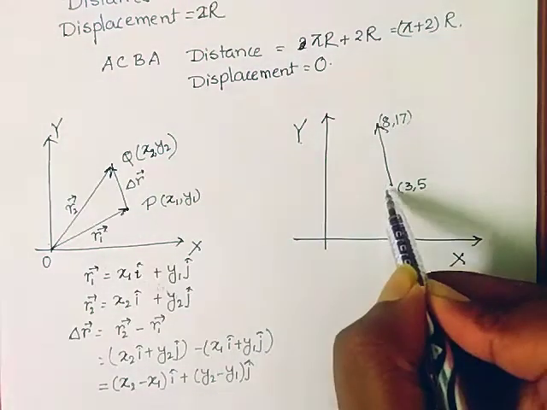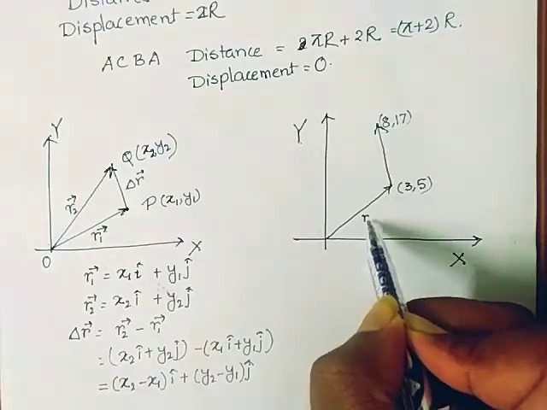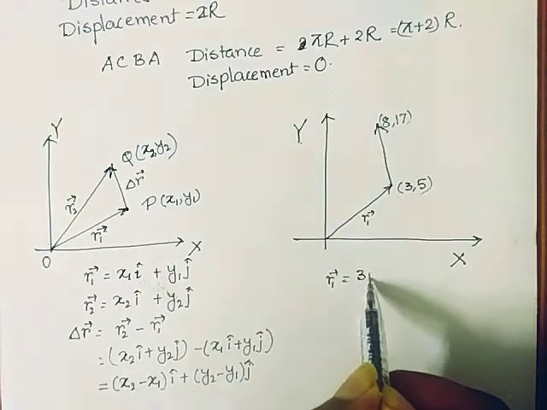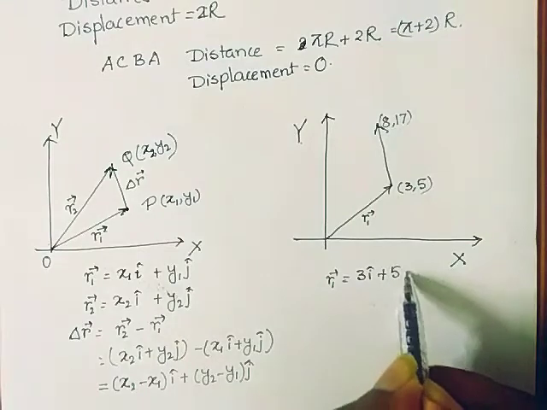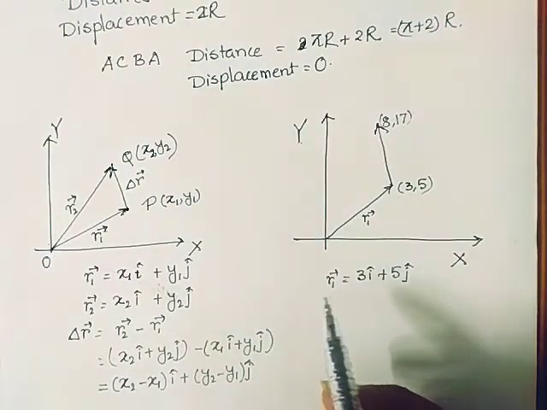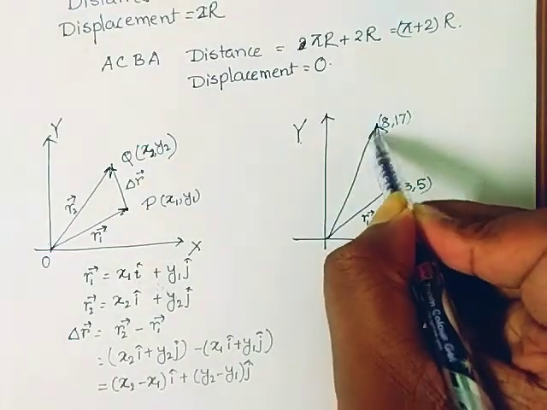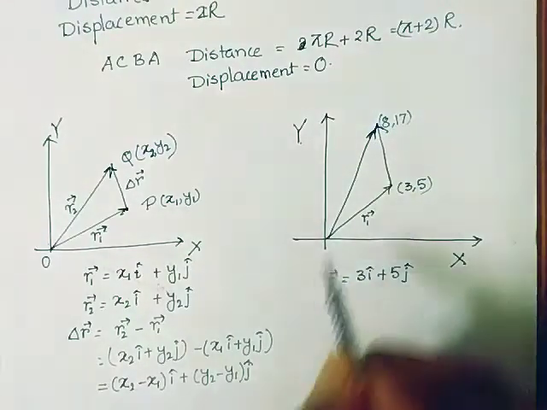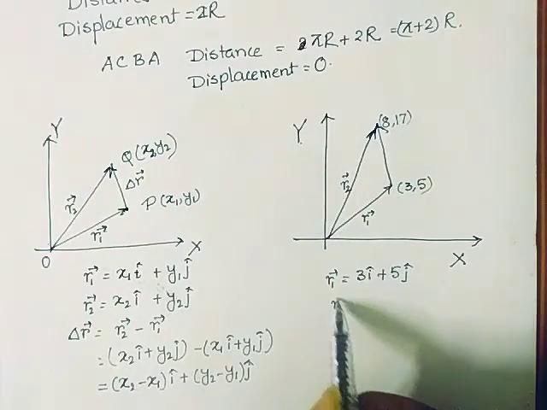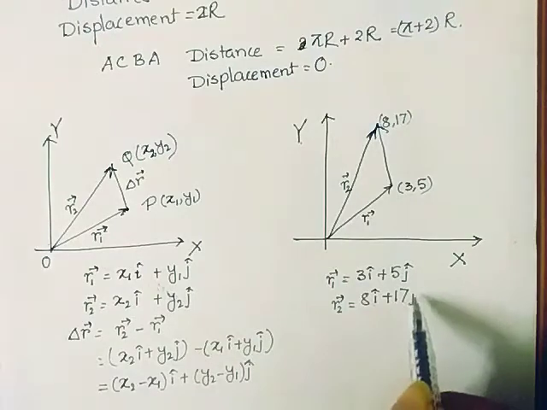Now if I say this is the r1 vector, then r1 vector will be 3 i cap plus 5 j cap. If I define this as the r2 vector, then r2 vector will be 8 i cap plus 17 j cap.